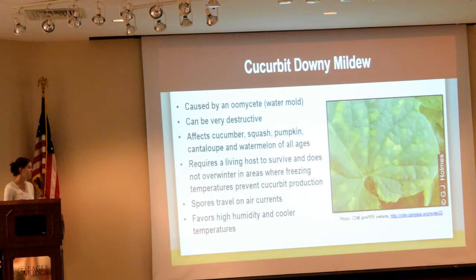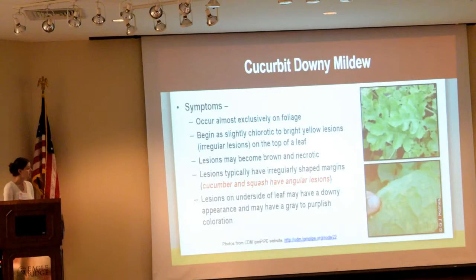With cucumbers, those lesions are typically angular, as you see here. But when you look at the underside of the leaves, you can have a downy appearance, the fungal growth, that may be gray to purplish in color. So that can be a very devastating disease. And that, at least in the field, is largely controlled with fungicides.